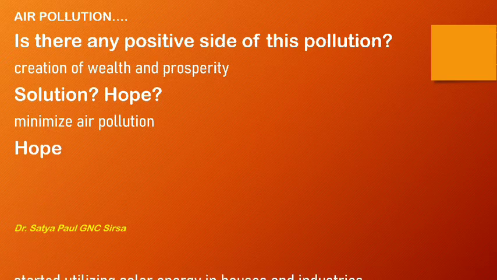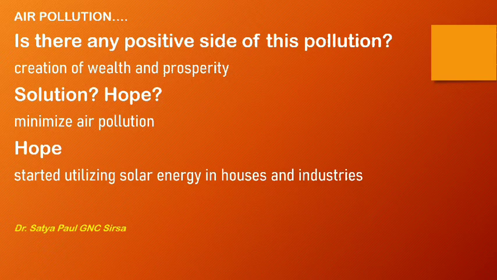So what is the hope? The hope is that people, scientists, governments at the national as well as international level have started thinking about it, and they have started materializing these plans, started utilizing solar energy in houses and industries and institutions. Gradually, the Indian government is bringing it to institutions. You must have heard these days that electric cars and bikes will be supported.